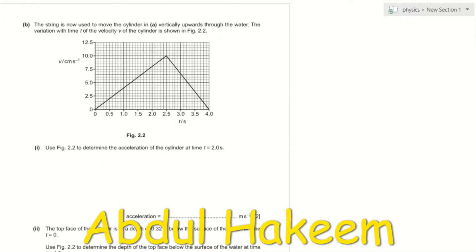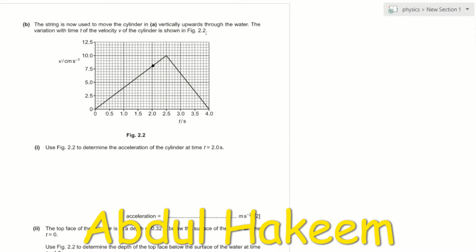Now the B part: the string is now used to move the cylinder vertically upward through the water. The variation with time t of the velocity v of the cylinder is shown in the figure. Use the figure to determine the acceleration of the cylinder at time 2 seconds. Look, this is the 2 second point.